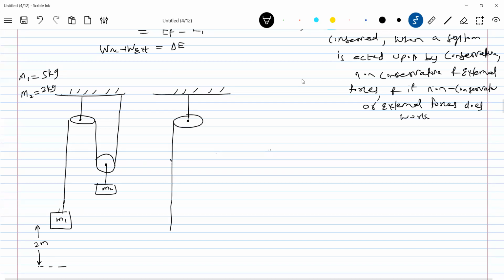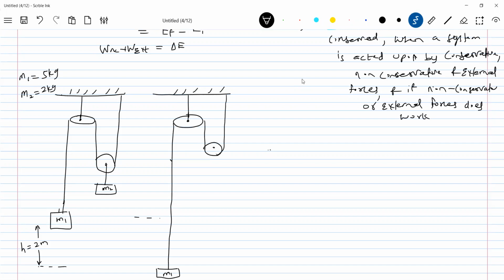So look at this. The block has descended by how much? H equal to 2 meter. Now this has ascended by a distance, say y.